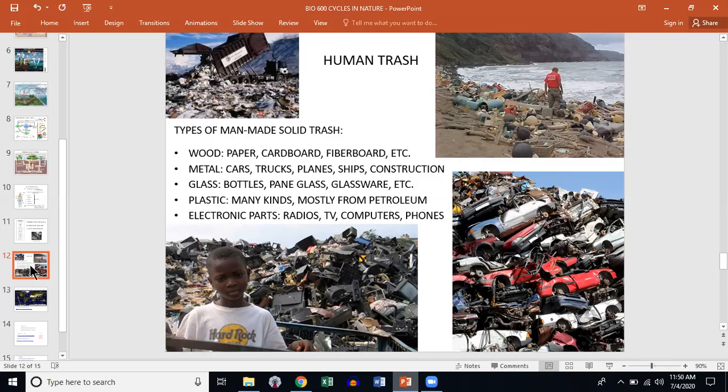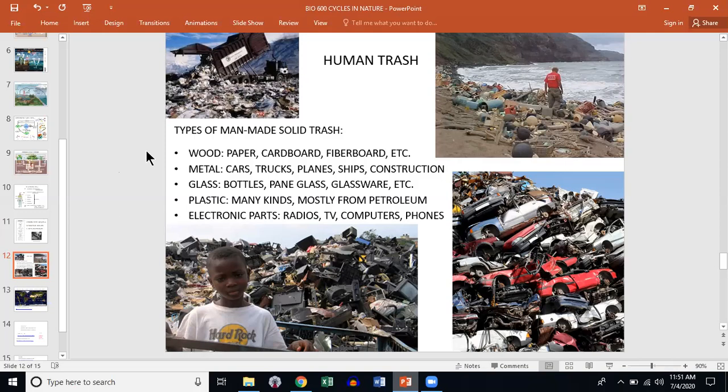So we're the only ones who actually produce this amount of trash, of stuff that we make and gets left over. And so we can classify the stuff into five major categories: either wood or metal or glass or plastic or electronic parts.